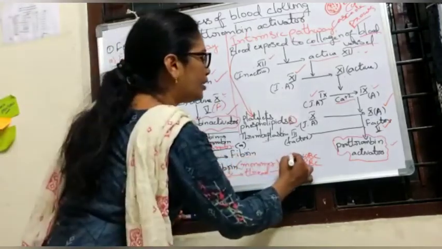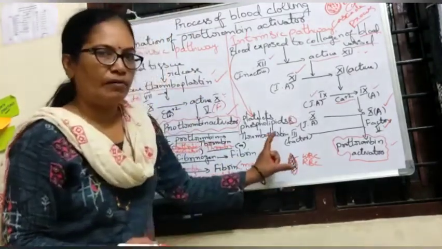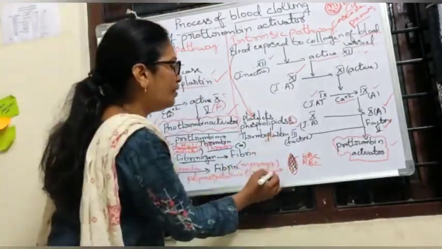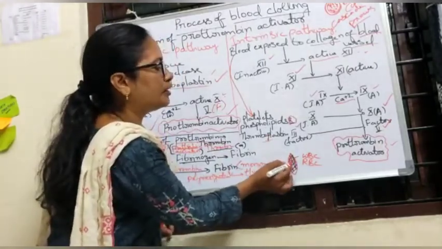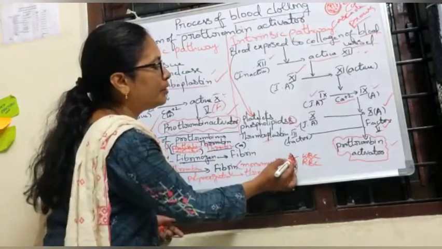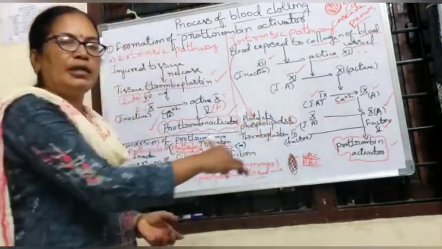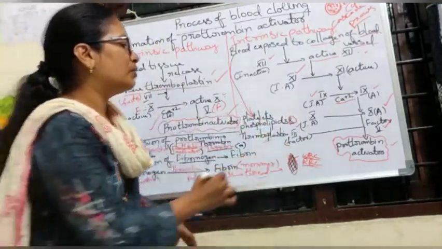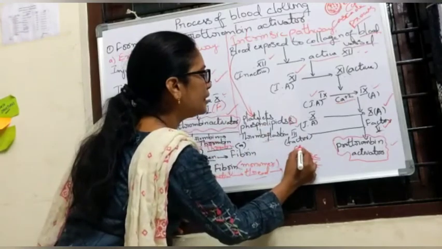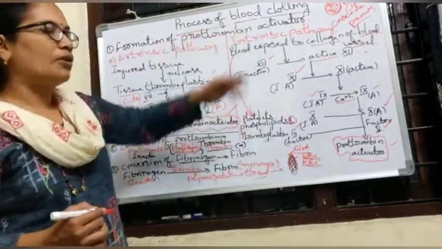When tissues are damaged, in this tissue area, these thread-like structures form net-like structures. In between those places, the RBC and WBC are stuck in between them. In that area, we can see it looks like a clot, a clot-like structure. That is about the process of blood clotting.